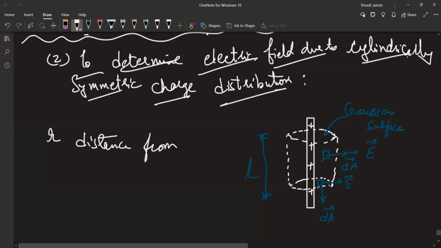Those are infinite. Fine. So lambda is charge per unit length, which is constant.